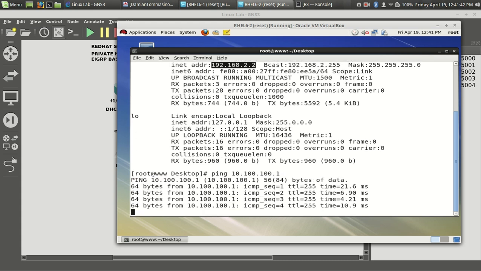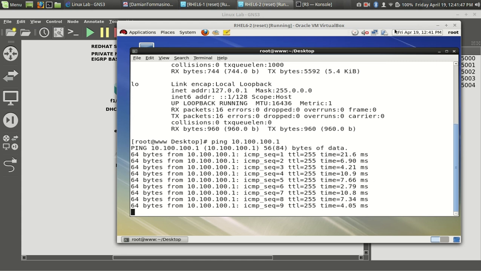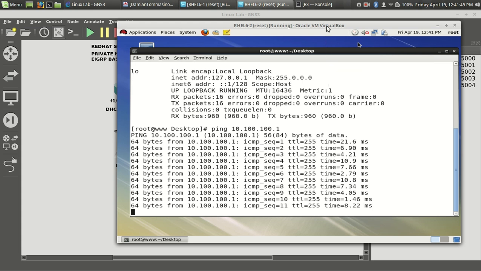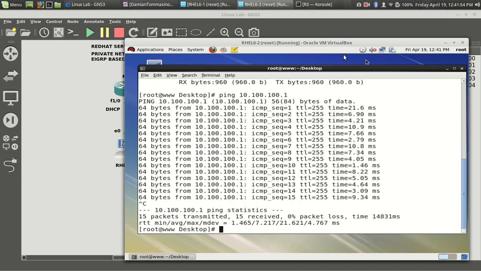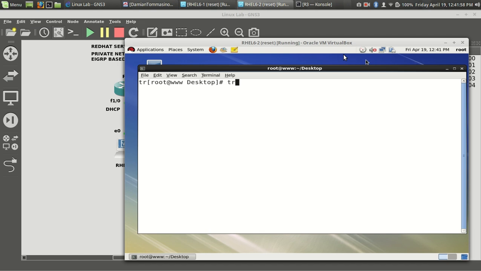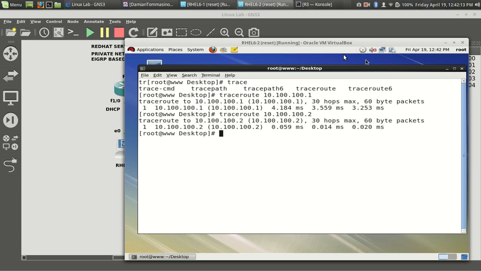Okay, fine. This is the default speed behind serial interfaces, right? First I would like to trace. In Linux we have the command traceroute. Traceroute, which network you want to trace, which host ID. Okay, there is no hop.